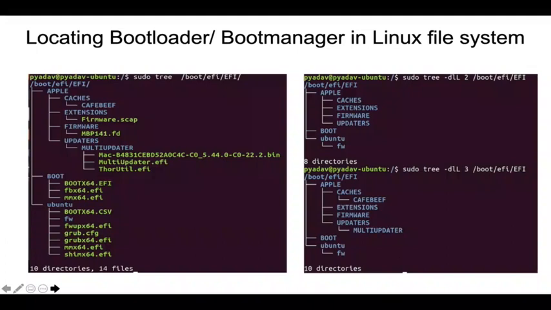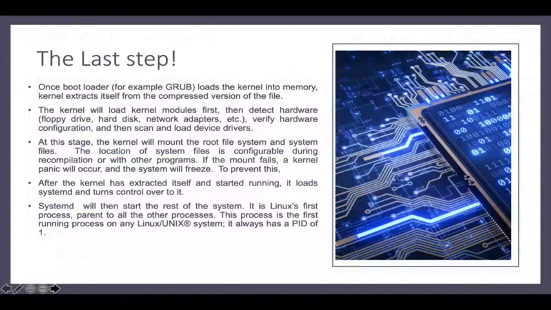And then I have Ubuntu, which has a boot x64 CSV file and grub files, a grubx64.efi as a grub, and there are other shim x64 files, a couple of bootloader files here.